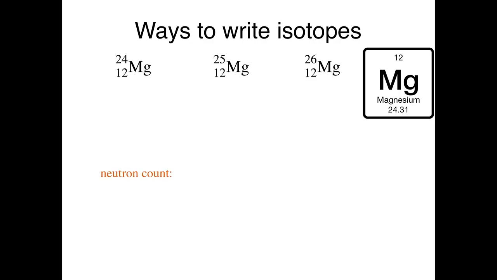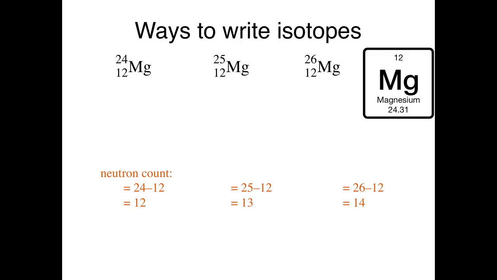And as a review, let's count the number of neutrons from its mass number. Remember that the mass number minus your atomic number, or the mass number minus the number of protons you have, is the number of neutrons you have. So in this case, 24 is your mass number, minus 12 will give you 12. So there are 12 neutrons in magnesium 24, and 13 neutrons in magnesium 25, and 14 neutrons in magnesium 26.